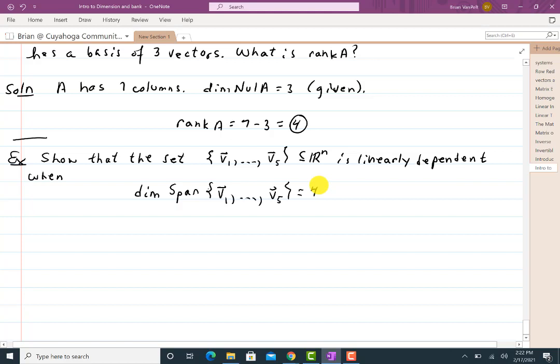So one of these vectors is a linear combination of the other vectors is basically what it's saying.